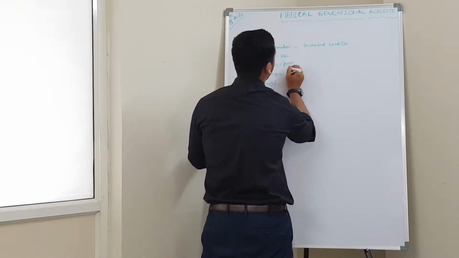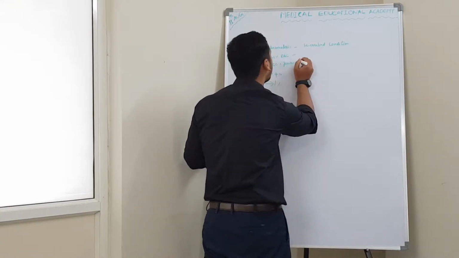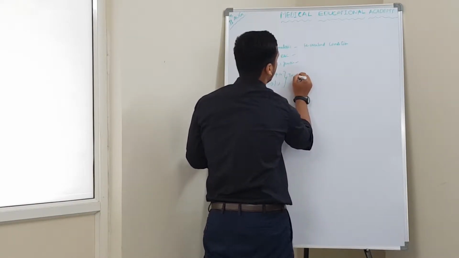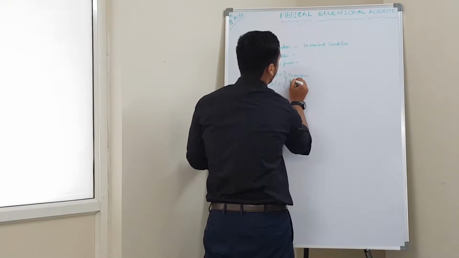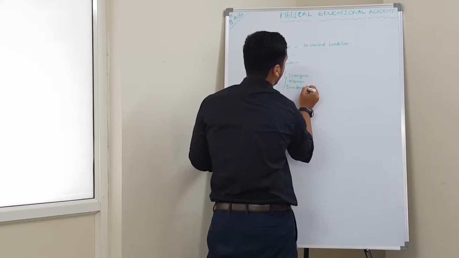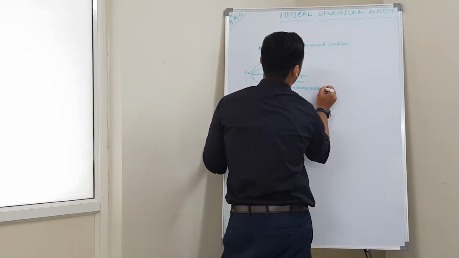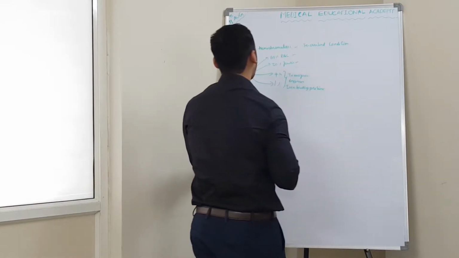So 65% would be in RBC, 30% would be in ferritin, and this 1% would be in transferrin and enzymes, iron binding proteins, right?